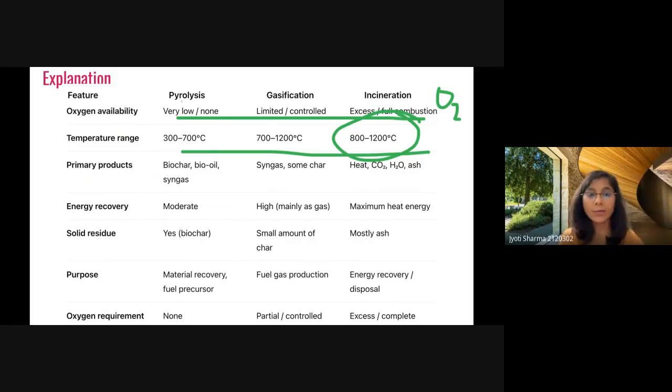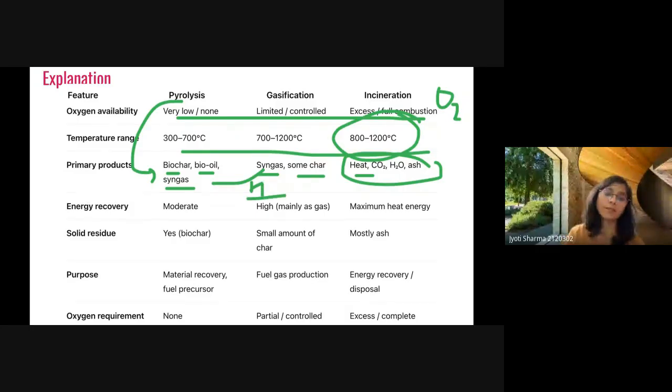If it is pyrolysis, we can get biochar, bio-oil, and syngas. In gasification, we can have syngas and some char, but in incineration, we will have just heat, CO2, H2, and ash, because we are giving full oxygen. And here we will have the hydrogen-based compound.